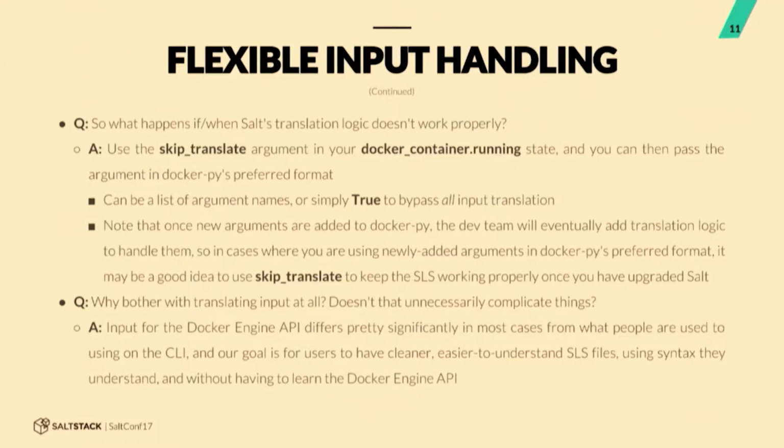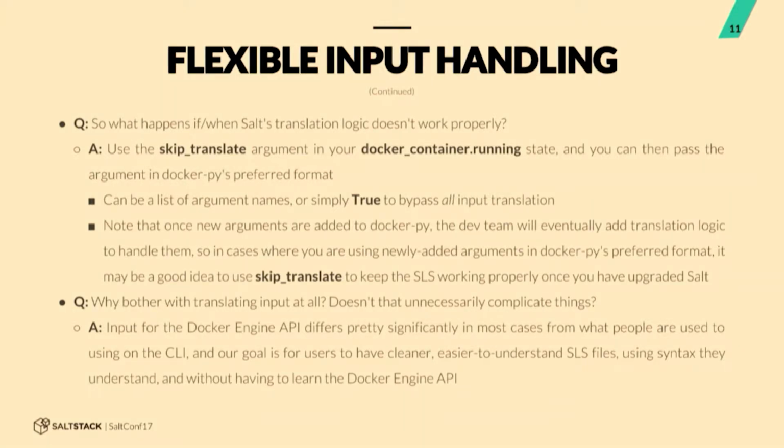We won't be able to support the CLI usage, obviously, but what you would be able to do is look at the API docs, tell the format that they want, and write YAML to match that data structure. I'll have an example of that shortly.